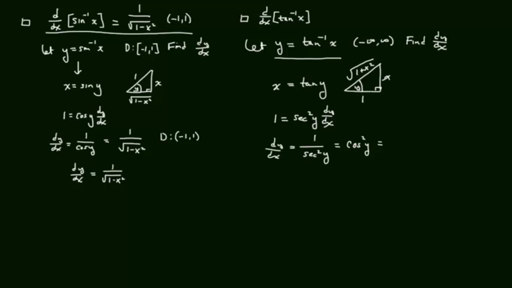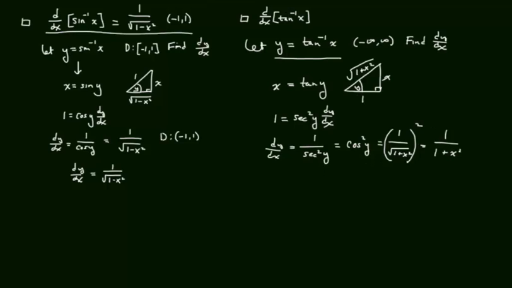So I go back to my triangle to figure out what is the cosine, which is 1 over the square root, but then that has to be squared. That final result, 1 over 1 plus x squared, is the derivative of the inverse tangent of x.